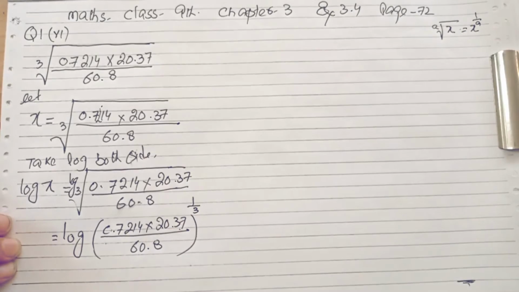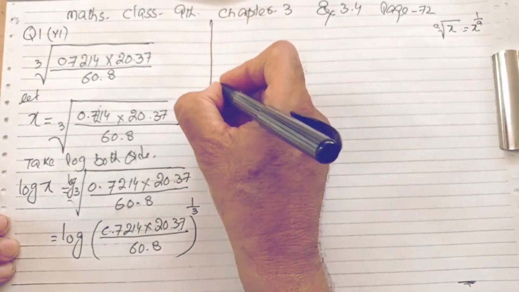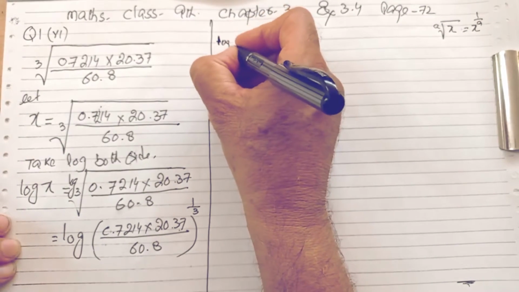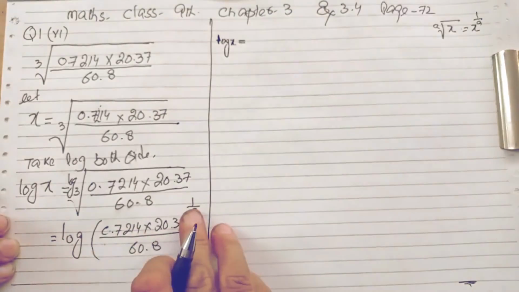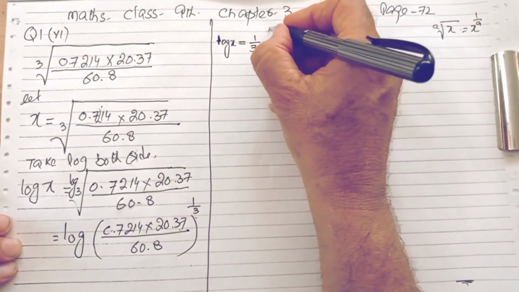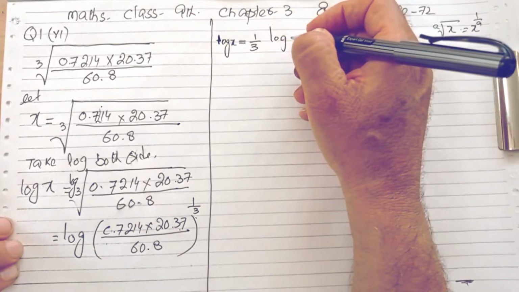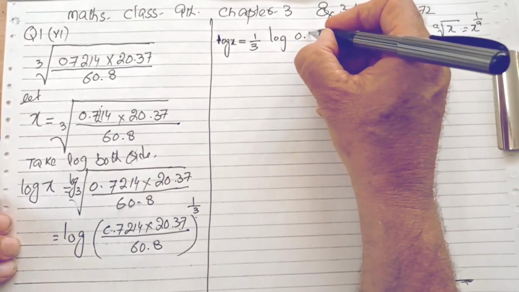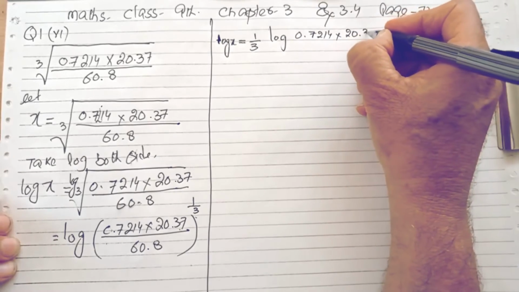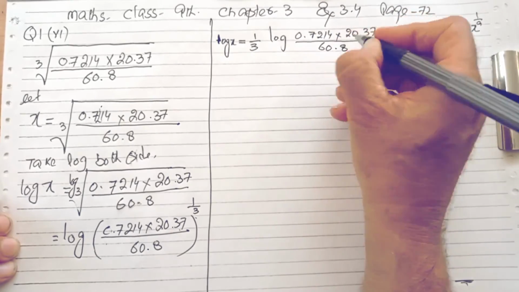Now you apply the formula of log, then this 1 over 3 comes here, log x, and 1 over 3 comes here, and log of 0.7214 and 20.37 divided by 60.8.